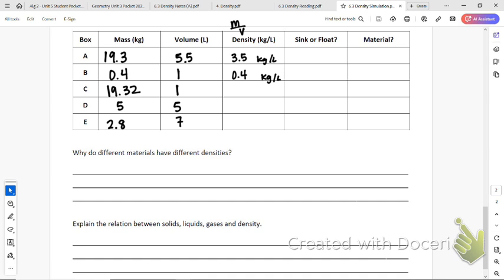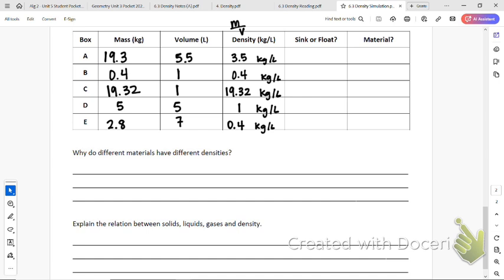For C, we have 19.32 divided by 1. Stays itself. D, 5 divided by 5. It's going to be 1. And then E, 2.8 divided by 7. It's 0.4. All right.